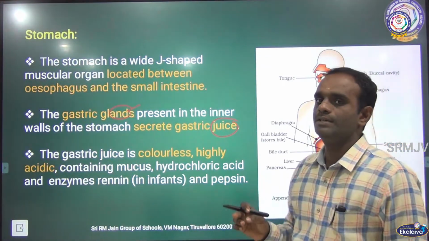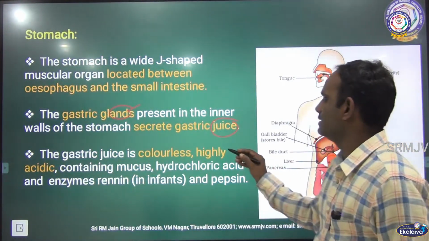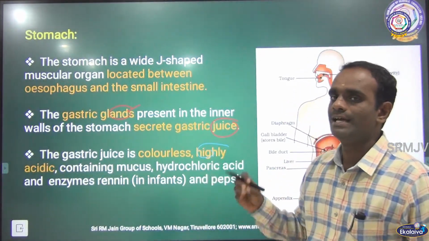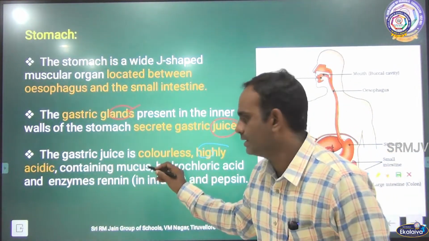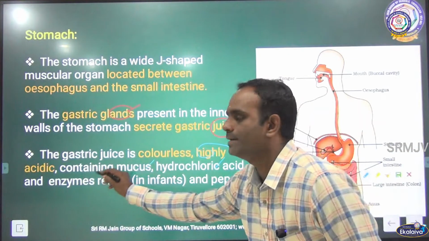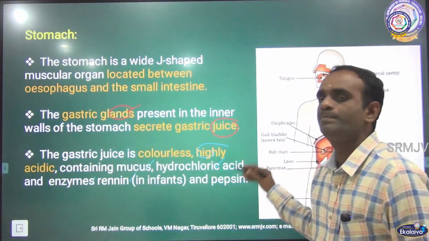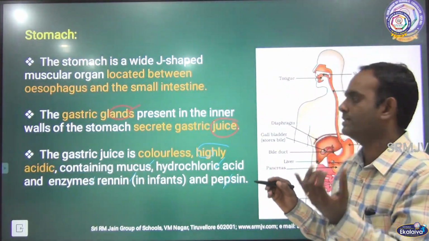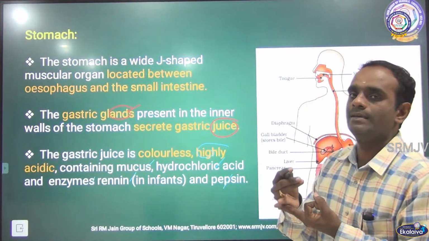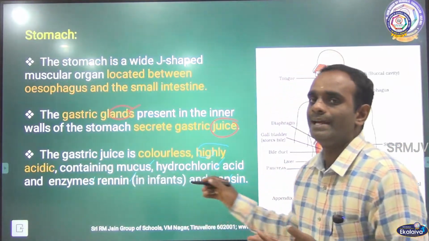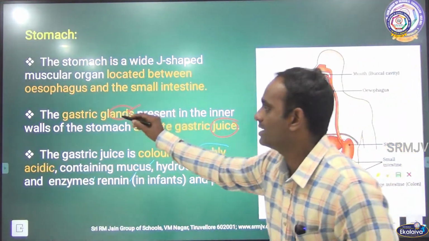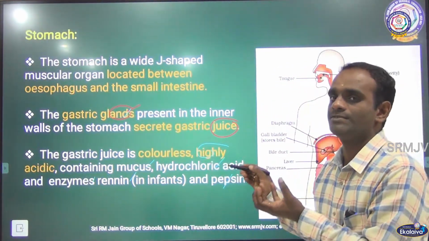The gastric juice is colorless and highly acidic. Its pH is below 7. It contains mucus, HCl, hydrochloric acid, and enzymes called renin and pepsin. So which gland secretes gastric juice?